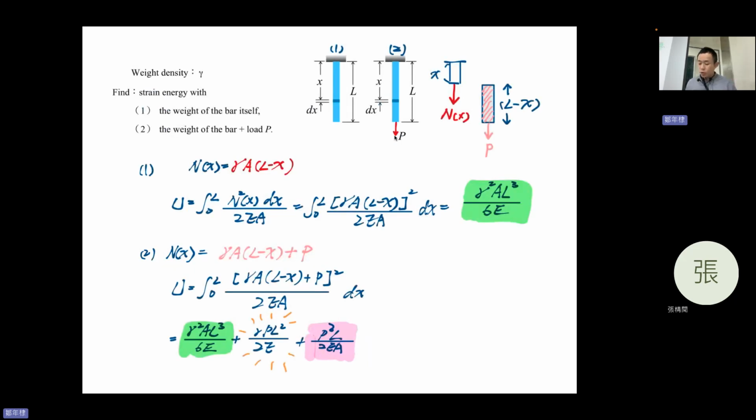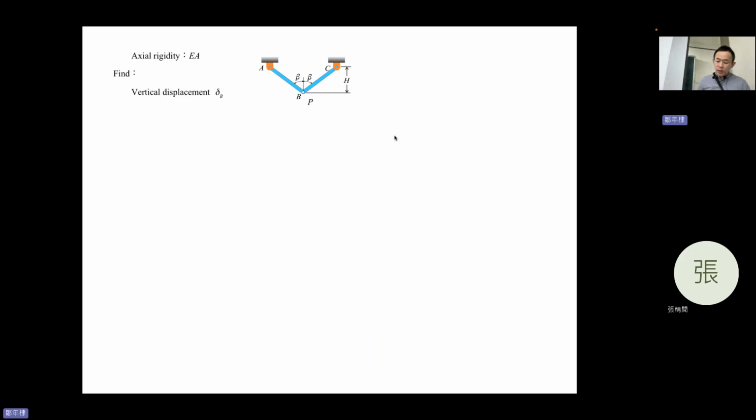And also when you consider different loading in the same material, the results cannot be superimposed, because there will be an extra term in the formula. So finally, it will be related to the force and displacement. One single load and the displacement are in the same direction.